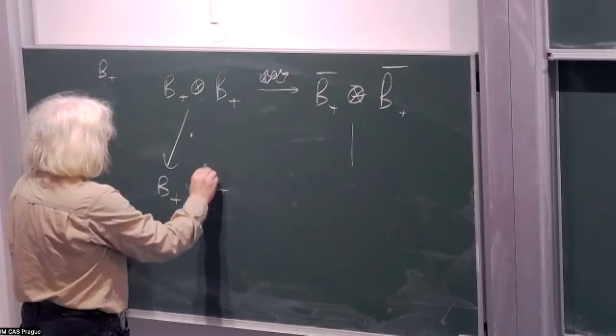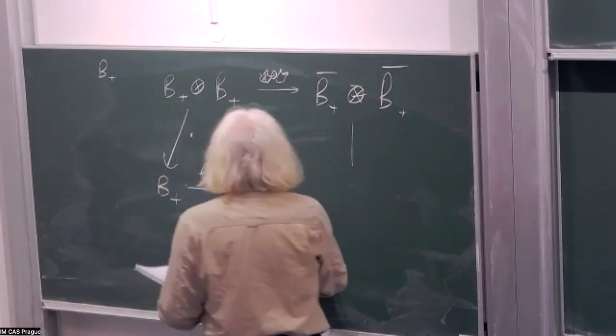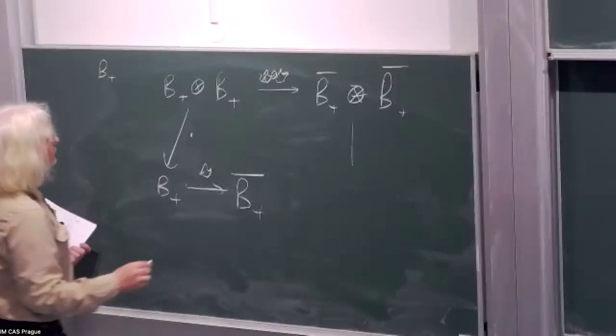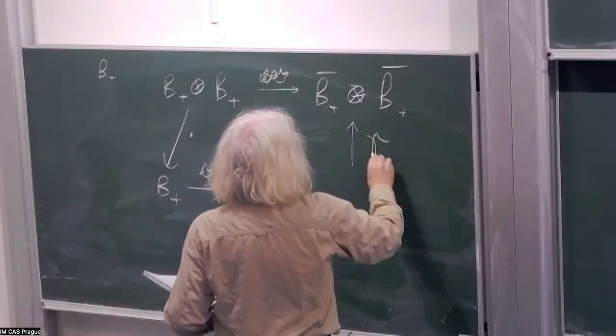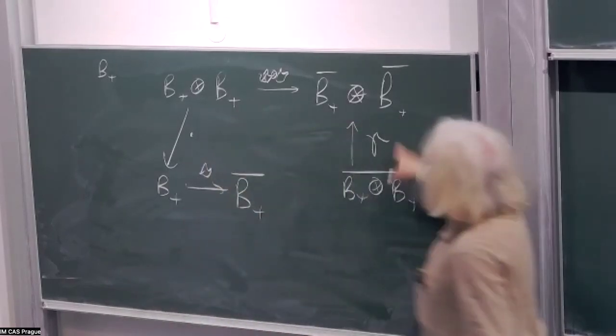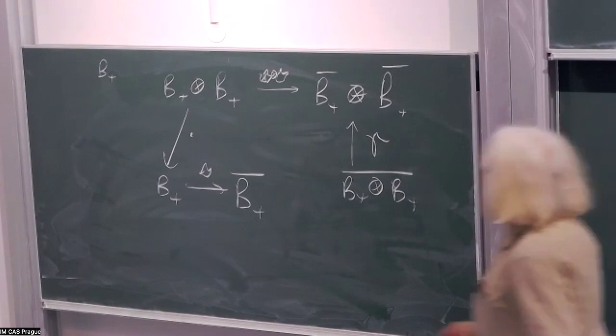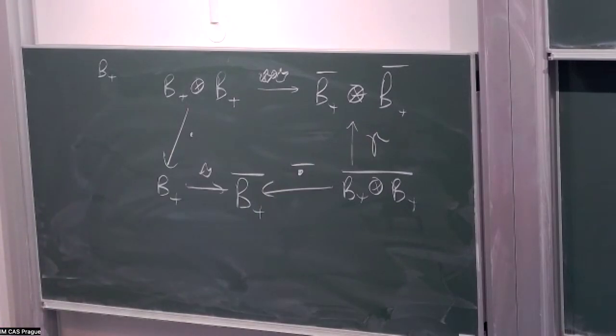And then I can do an open star operation to get to B plus bar. So I've then got this order reversing map here. And on here, I've got a product under the bar. So that's a definition of a star algebra in this category. And it works.